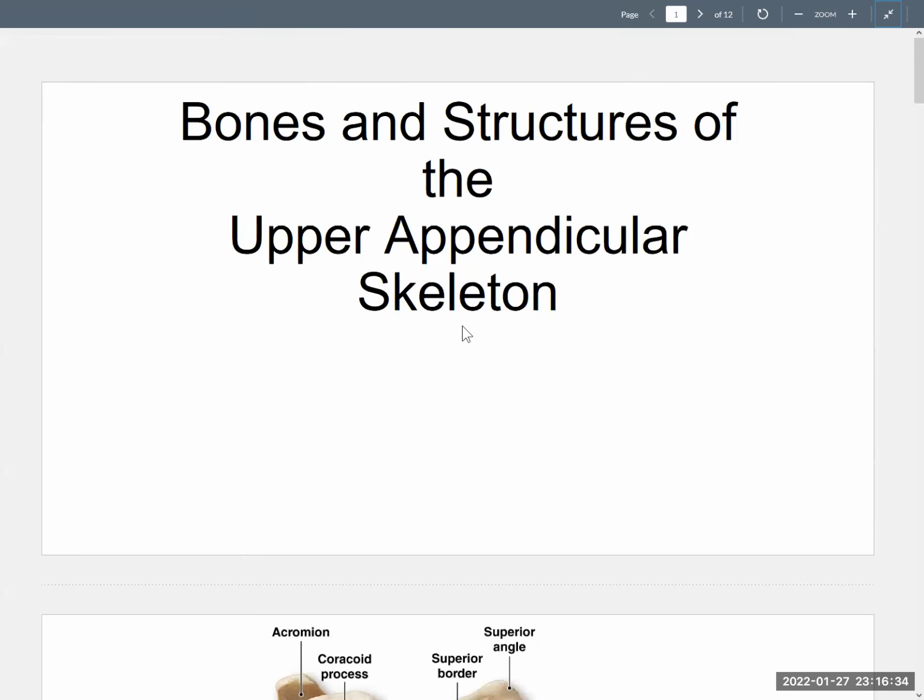Okay, the upper appendicular skeleton. Well, what were we looking at before? We were looking at the axial skeleton, the skull and the spine. The axial skeleton had 80 bones. The appendicular skeleton, which is the arms, legs, pelvis, has 126 bones.